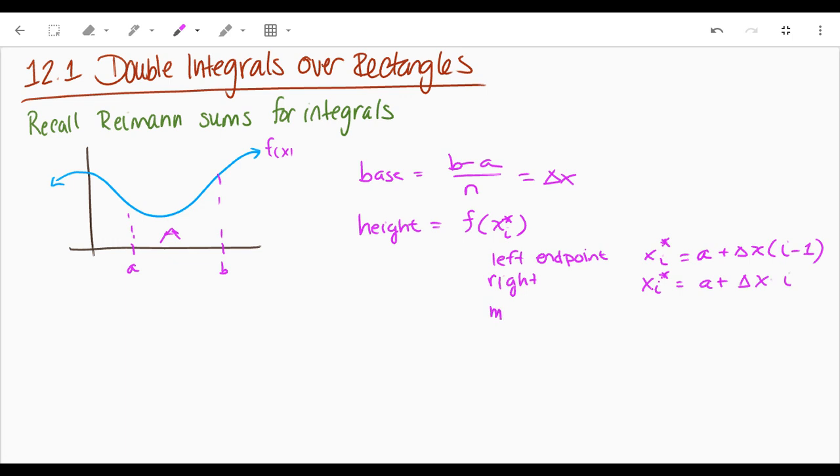And then we could even have the midpoint. Remember, we did those two where we averaged. Xi star would have been a plus delta x times i minus 1 plus delta x times i, over 2.